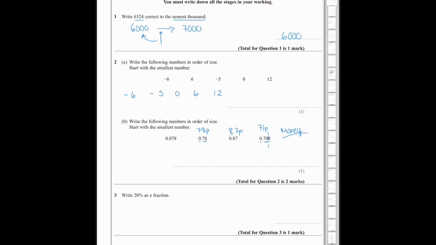And then this one over here, well, that's £0 and 07 pence. So that's between 7 and 8 pence. So you could say 8 pence if you wanted. It just gives you an idea of how big or small the numbers are. So now we know that if we're starting with the smallest, our smallest number is 0.078. Okay, because it's only 8p.